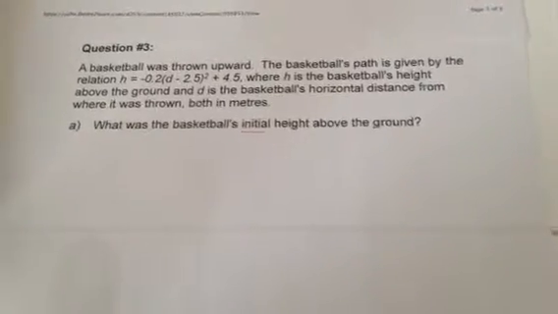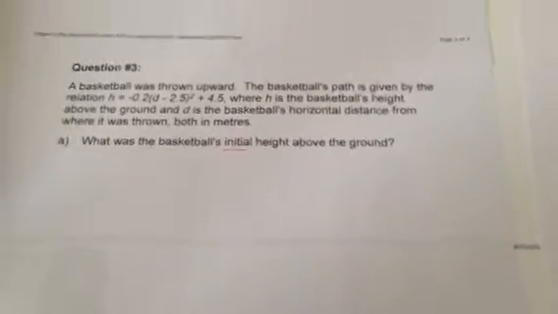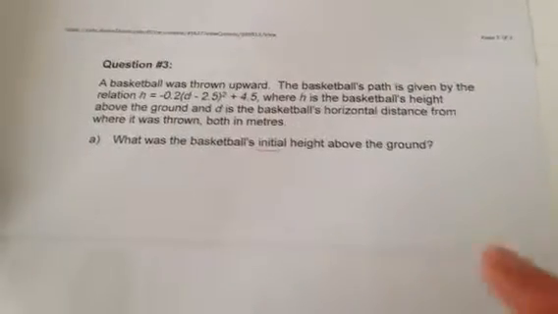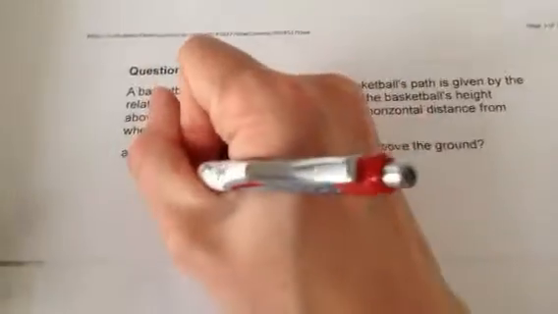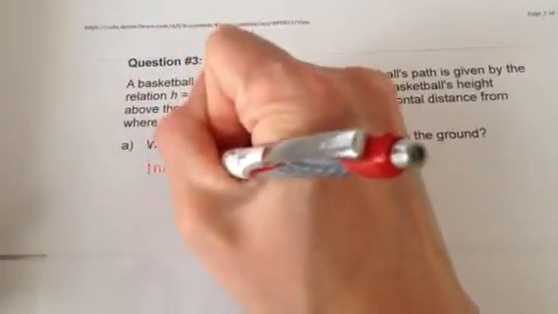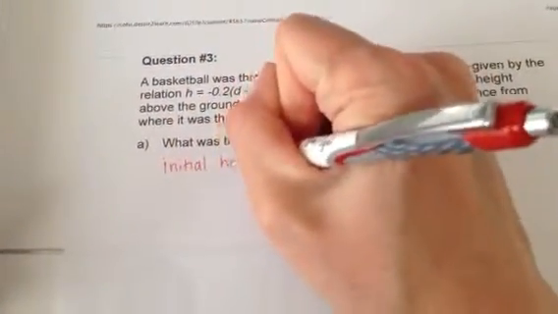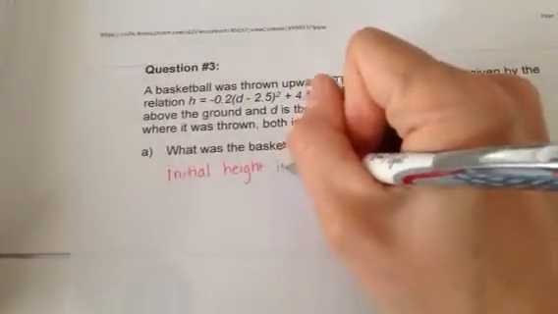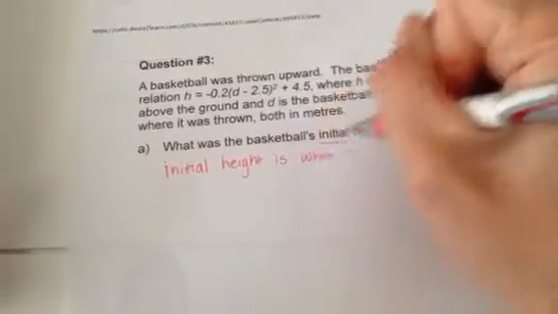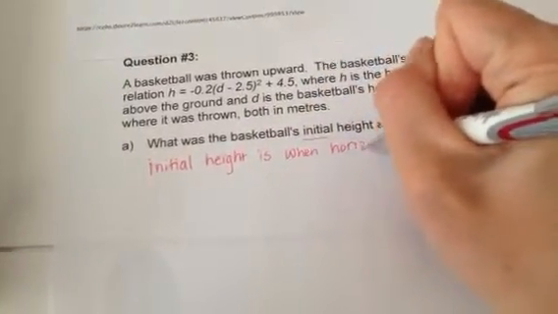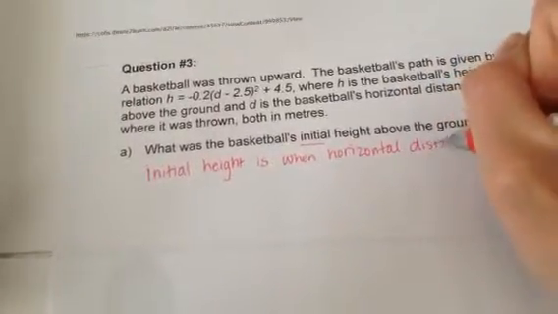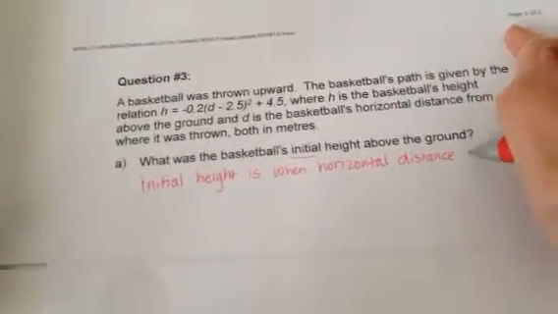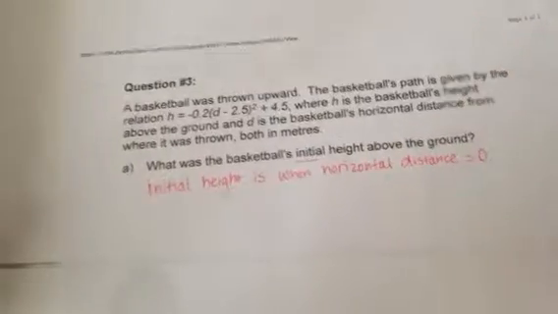To find out what the initial height is, you're finding out when the horizontal distance is equal to 0. It hasn't moved yet. Okay, so initial height is when horizontal distance is equal to 0.